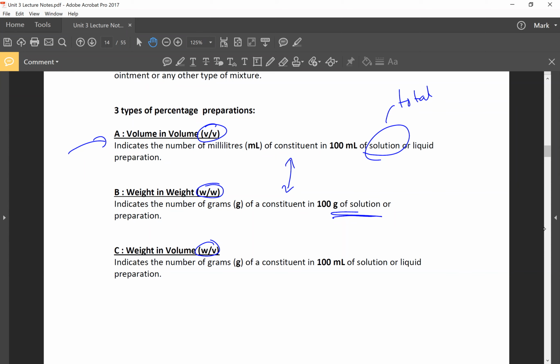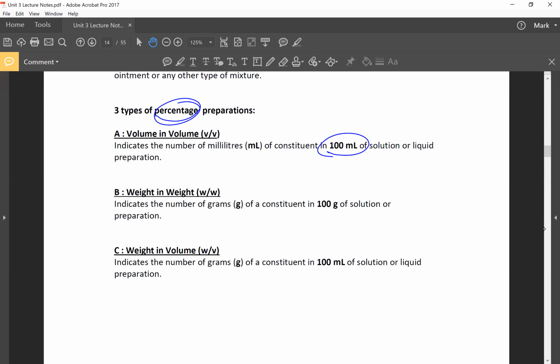Okay, so let's look at this. Might as well get started. Oh, and one thing I'll mention too is, because we're dealing with percentage problems, you'll notice that typically we're using 100 milliliters or 100 grams of the solution, or the mixture, you could say, same kind of thing.